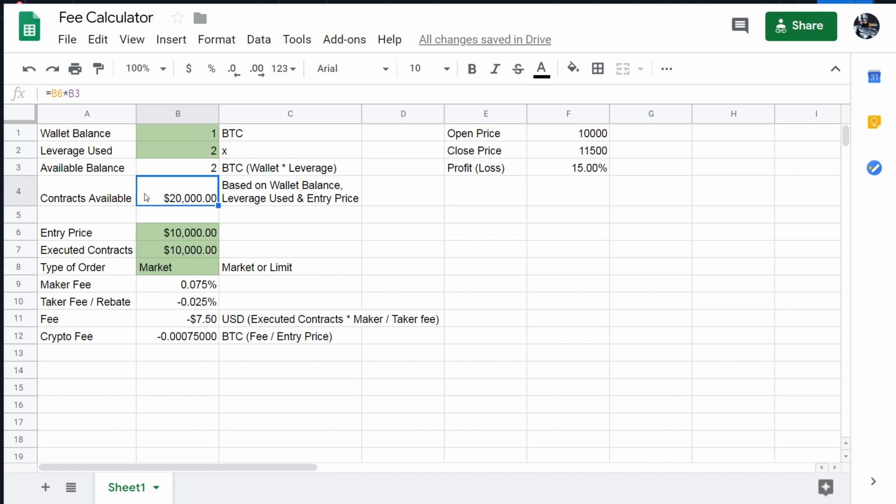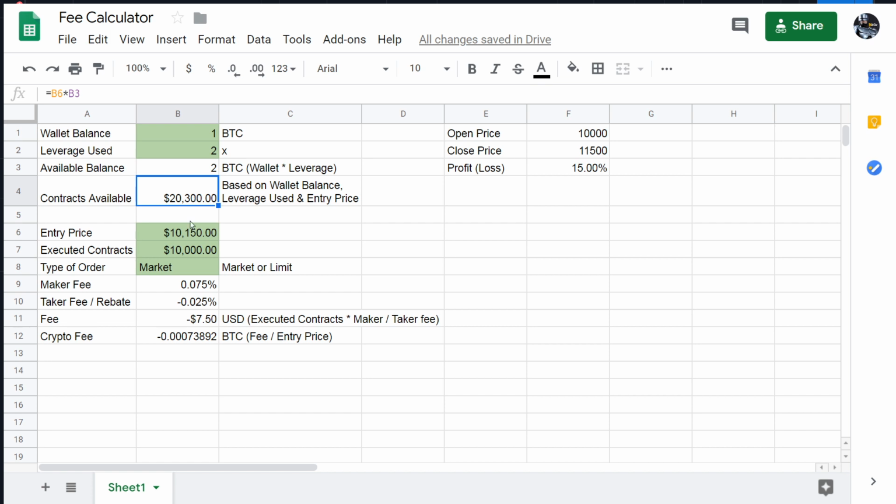It's how much is available to me, okay? So again, at a Bitcoin price of $10,000, I have $20,000 available to me to place this order. So if the price of Bitcoin changes, let's say the price of Bitcoin goes to $10,150, I now have $20,300 that's available to me to make a trade.